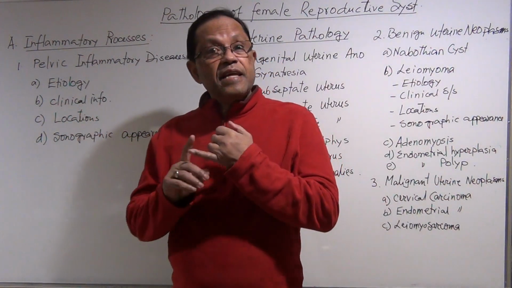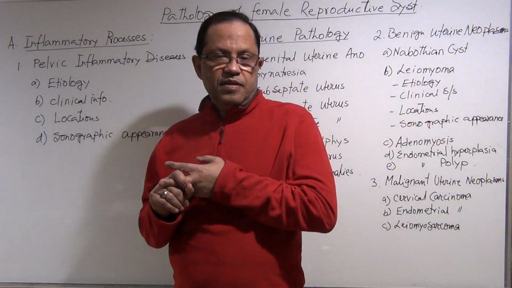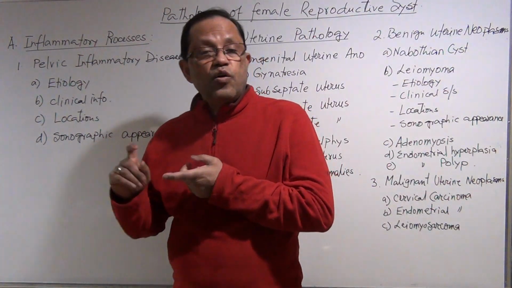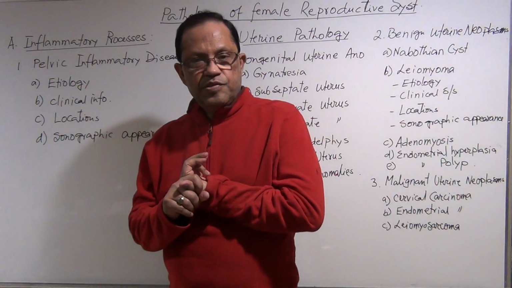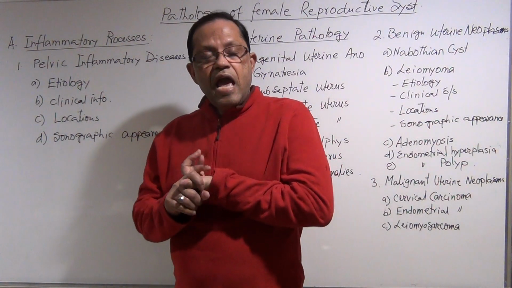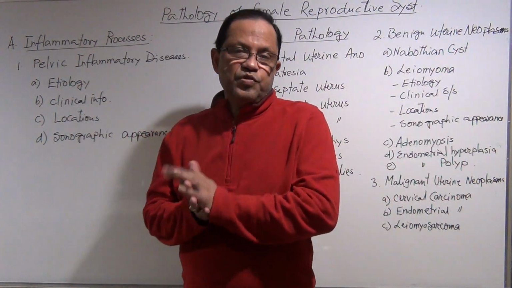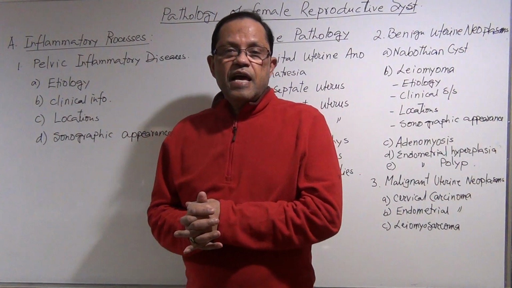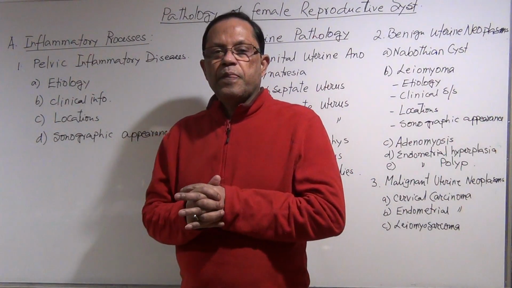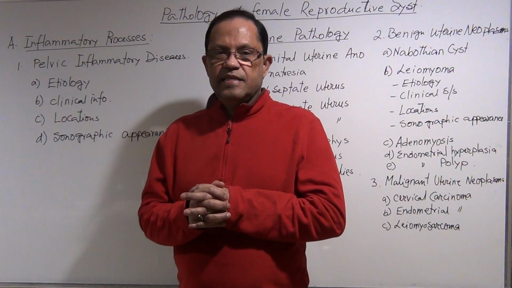So PID can involve the fallopian tube, the broad ligament, the ovary, uterus, and the pelvic adnexal area, soft tissues, and other muscles. Everything together can cause PID.